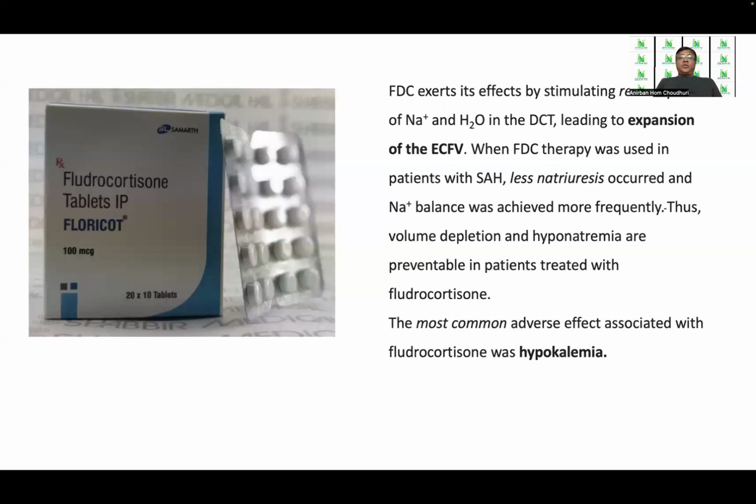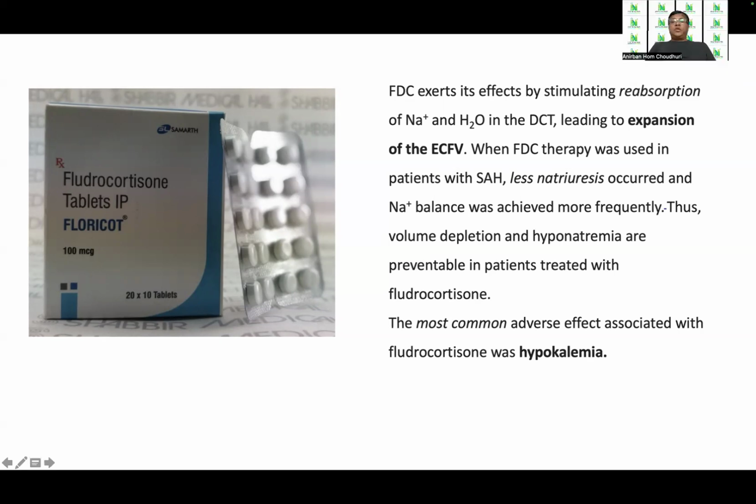Now, fludrocortisone, how does it work? Fludrocortisone exerts its effect by stimulating the reabsorption of sodium and water in the distal tubules, which leads to expansion of the extracellular fluid volume. When this fludrocortisone therapy was used in patients with subarachnoid hemorrhage, less natriuresis occurred and sodium balance was achieved more frequently.